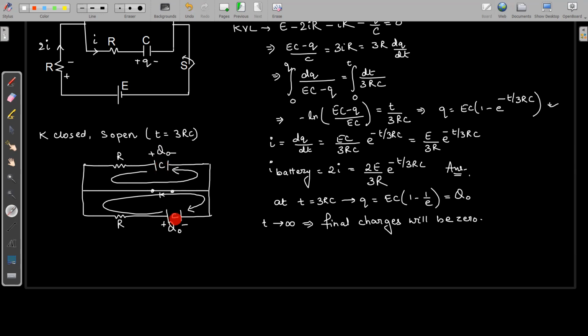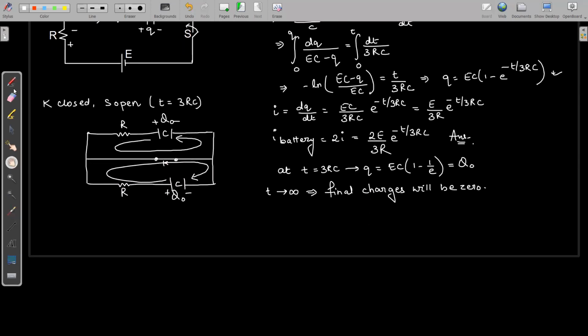And in this capacitor also the energy is Q naught square by 2C. So both these energies will be lost in the resistors, because at infinite time when the steady state is reached, there will be no final charge on the capacitors. They will be completely discharged. So the initial energy that was present in the capacitors is the total energy lost in the resistors.